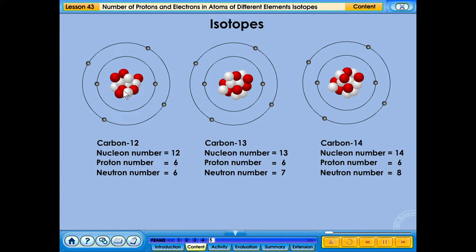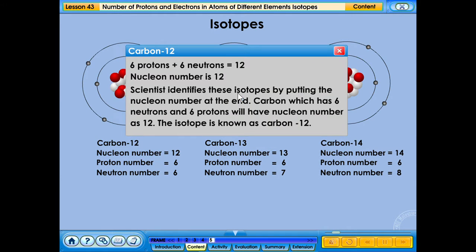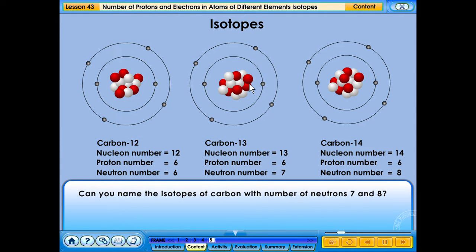Scientists identify these isotopes by putting the nucleon number at the end. Carbon, which has 6 neutrons and 6 protons, will have nucleon number 12. The isotope is known as carbon-12. Can you name the isotopes of carbon with number of neutrons 7 and 8?